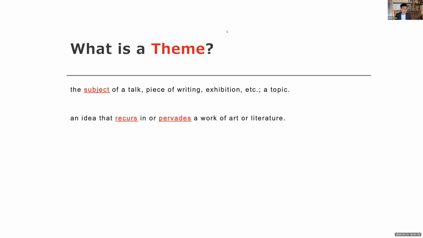It is an idea within that piece of work that recurs and pervades. So what do I mean by recurs and pervades? Well, recurs is simply a fancy way of saying repeated. So the idea must be repeated throughout my story so that it becomes noticeably common, meaning I can see it everywhere I look in the story.